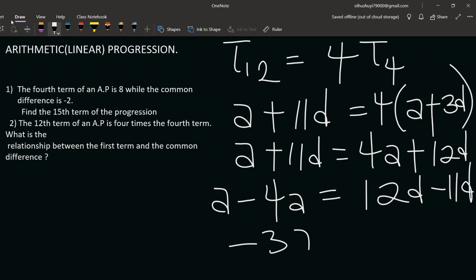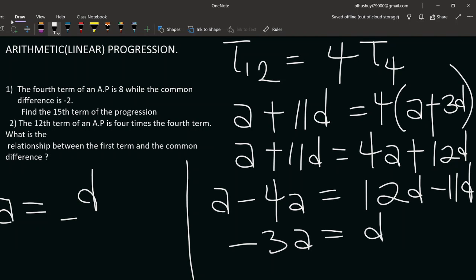So minus 3A is equal to D. So what does that imply? I can say my A is equal to D divided by minus 3. So this is the relationship between A and D.